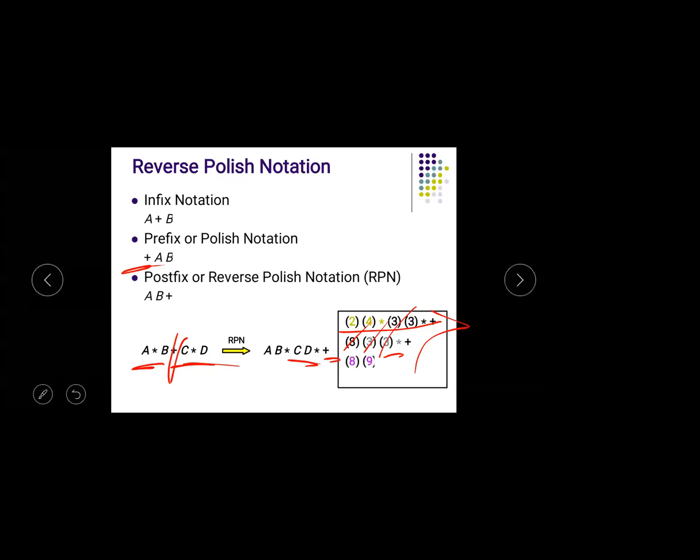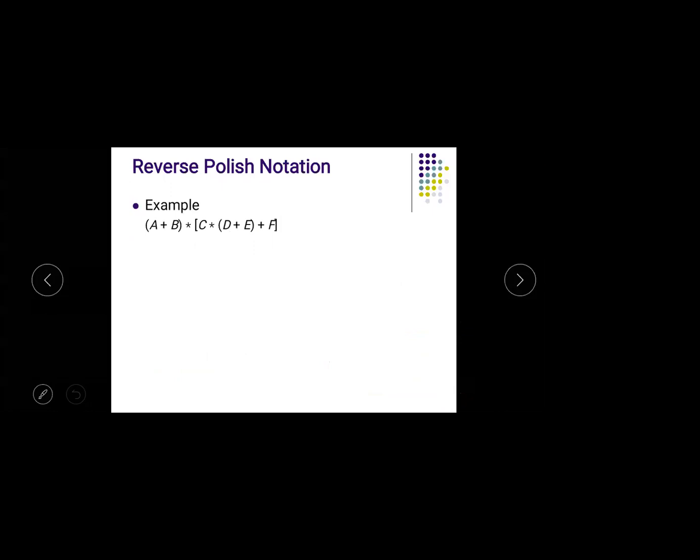Okay, 8 9 plus: again 8 is the operand, 9 is the operand, plus is the operator, and again scan from left to right. 8 plus 9 is 17. This is the answer, and some examples are there.